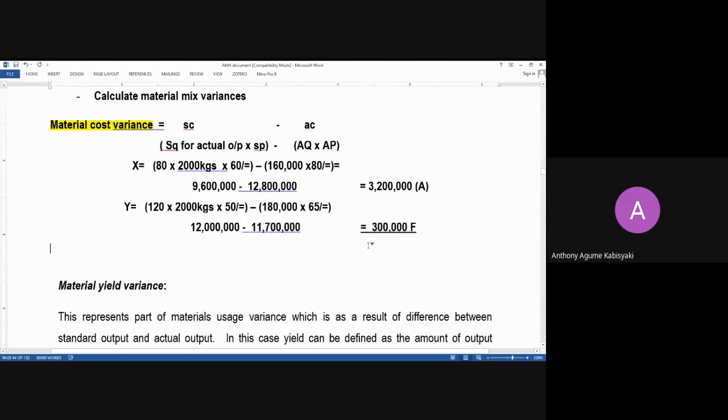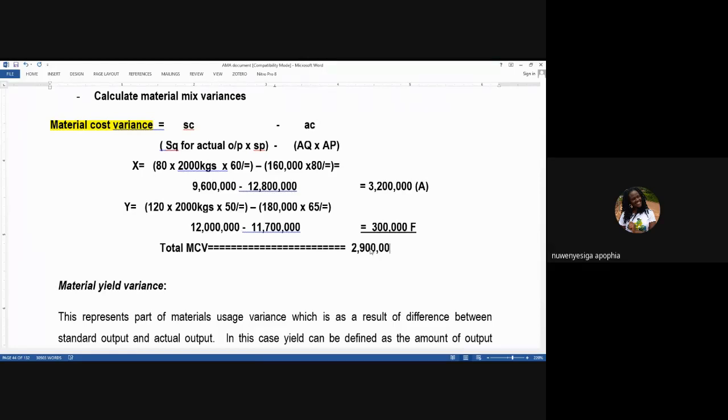300. So that means if I add up the two, my total material cost variance would be what? So I will add the two, 3.2 plus 300. That gives me 2 point, 2 point what?